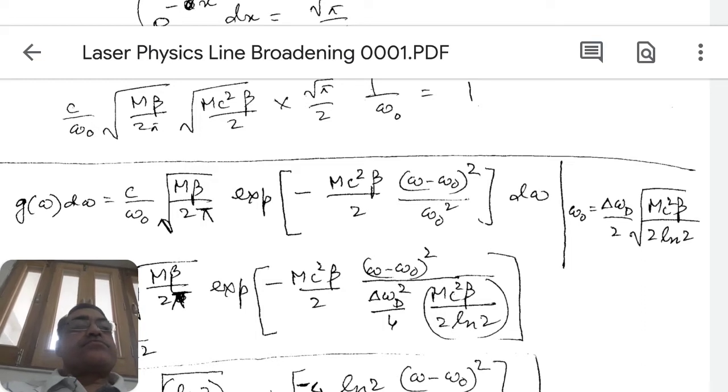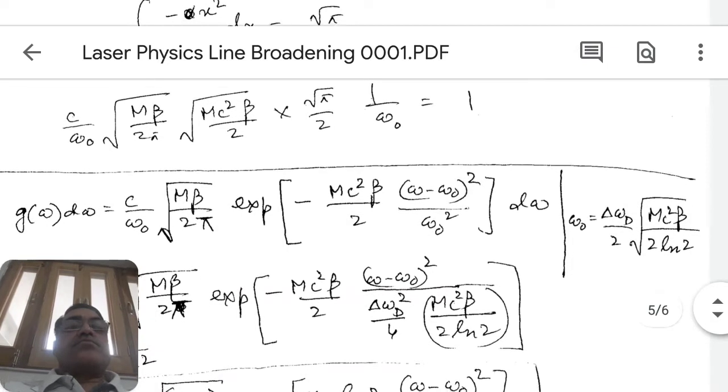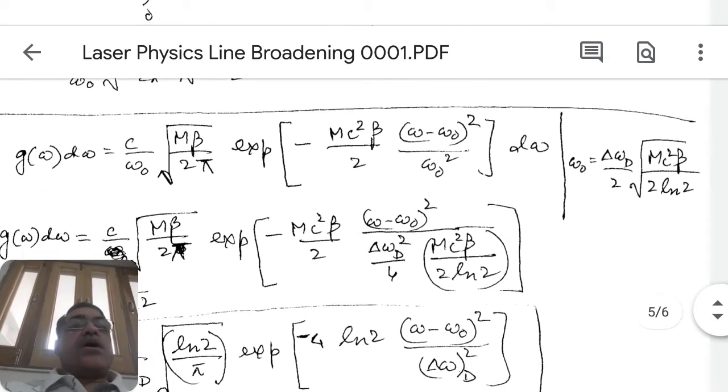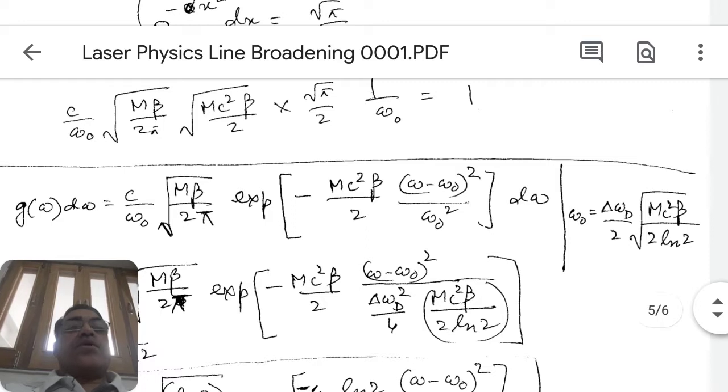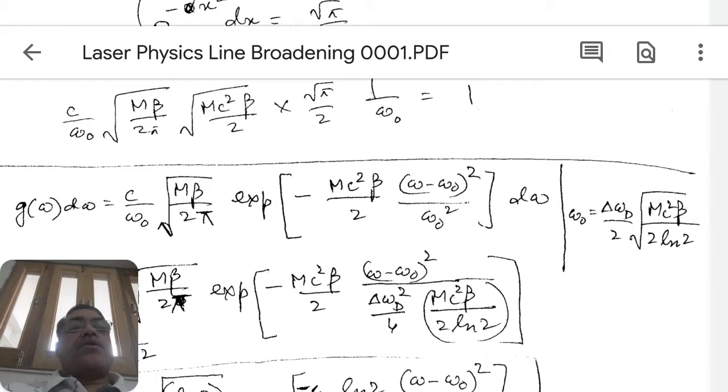Here from this we obtain the value at this value, and this thing m c square beta by 2 into omega minus omega naught square. We have just substituted for the value of omega naught here.